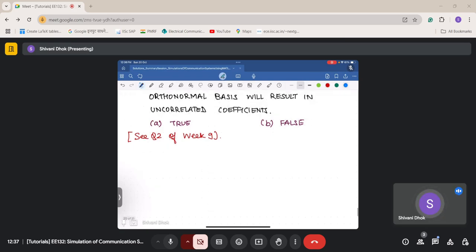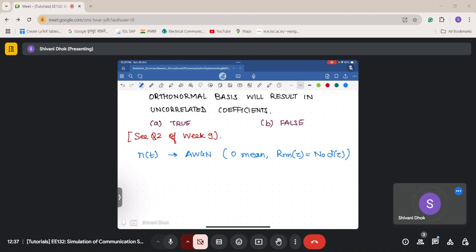Let n(t) be a zero mean AWGN process with autocorrelation function Rn(tau) = N0 delta(tau).